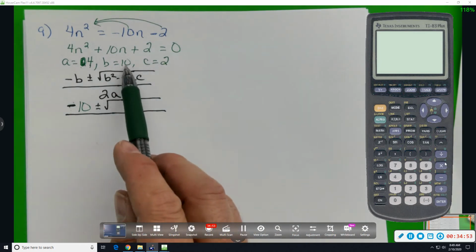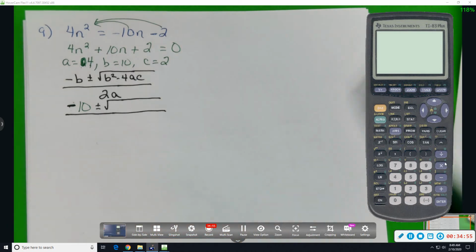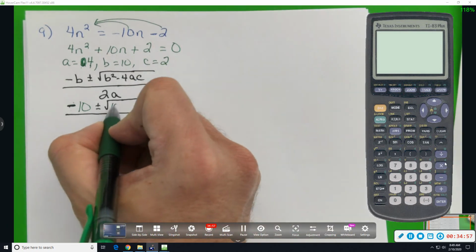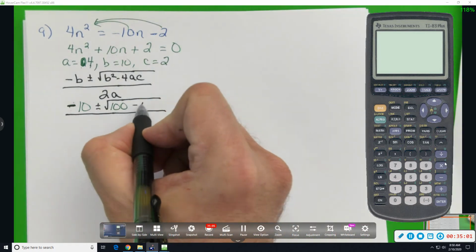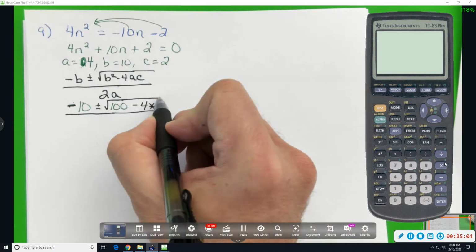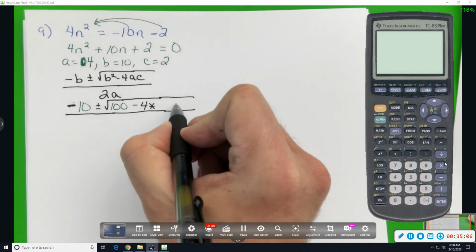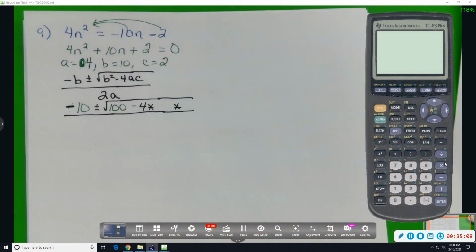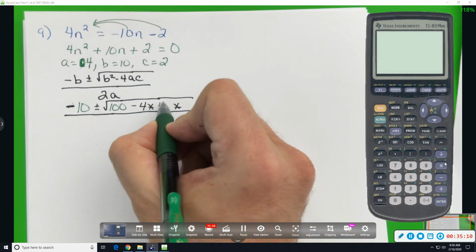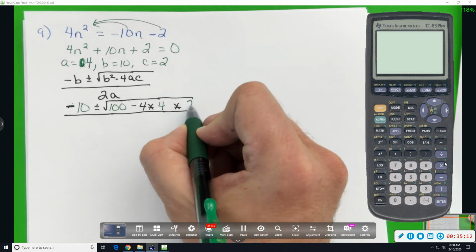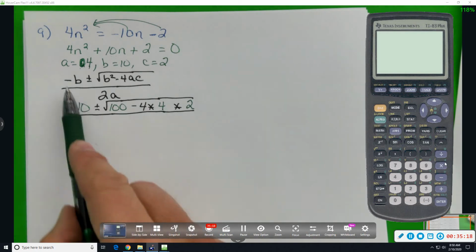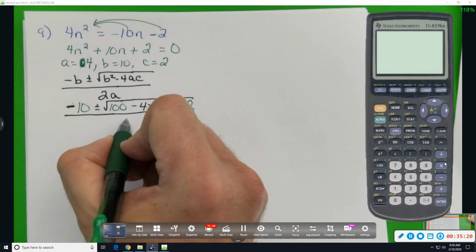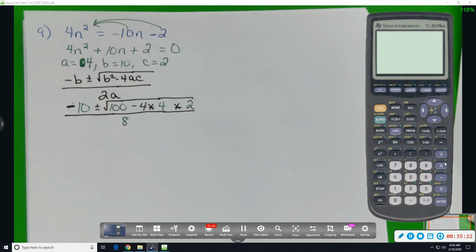That b squared I do in my head, 10 squared, it's 100. Minus 4 times a times c. A is a green 4. C is a green 2. All over 2 times a. 2 times 4, that's going to be an 8 in the bottom.